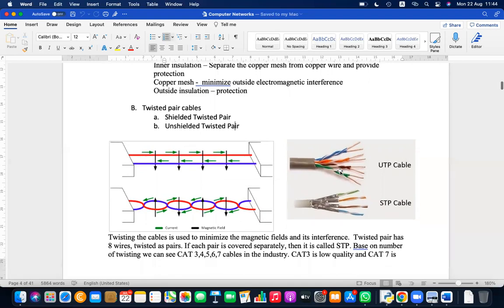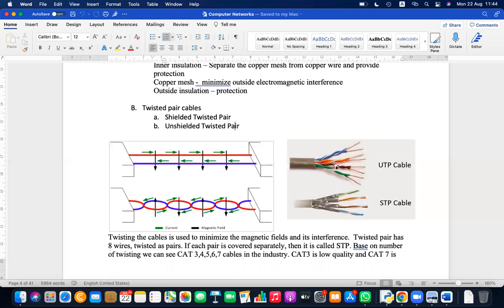When a signal passes through a straight line, due to the resistance as well as the magnetic field, there is a higher tendency to drop the signal or reduce the quality of the signal. Maybe noise can be added.